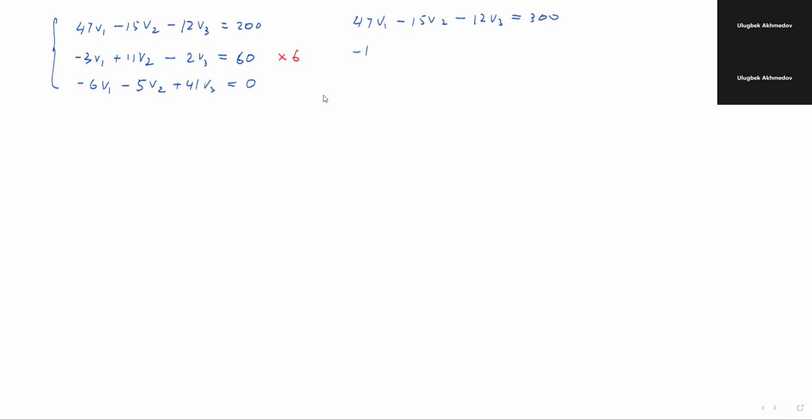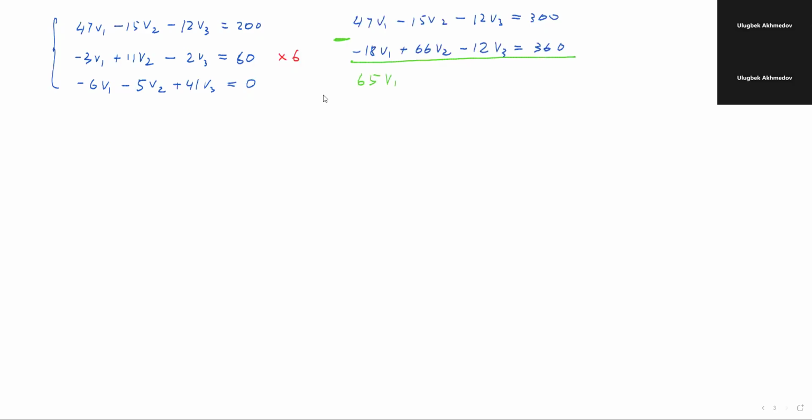So that's going to end up being negative 18V1 plus 66V2 minus 18V3 equals 360. We are going to subtract now. So 47 minus negative 18 will give us 65V1.